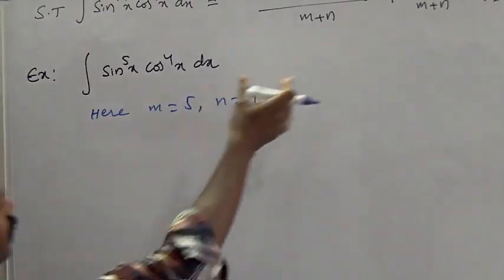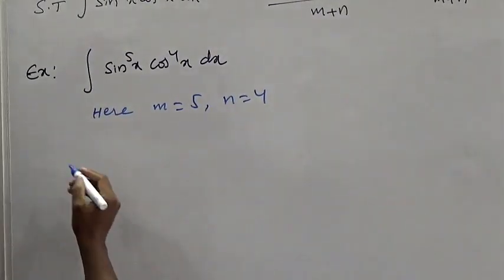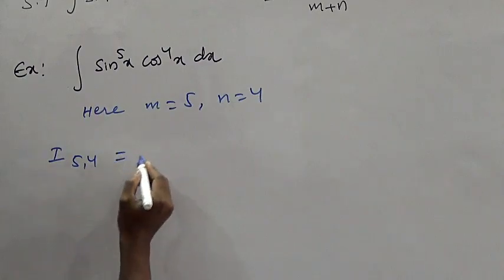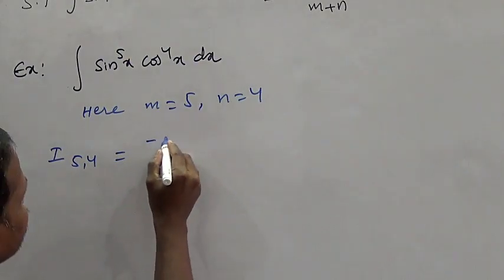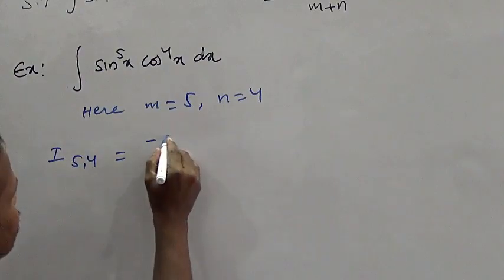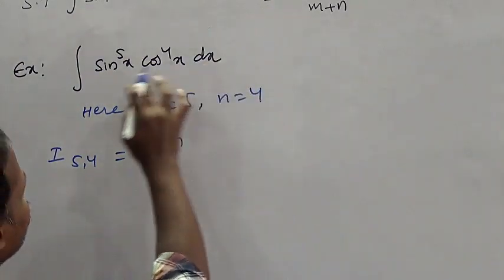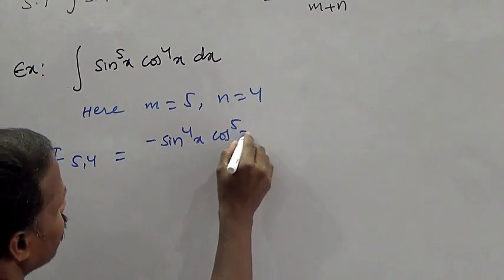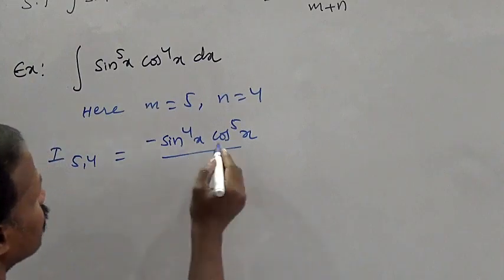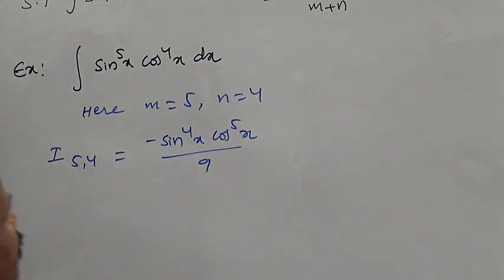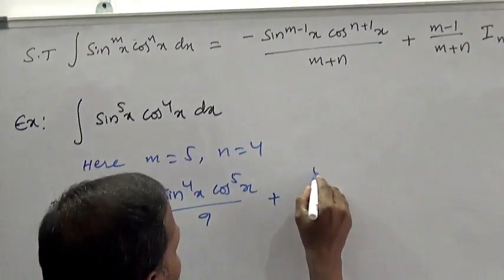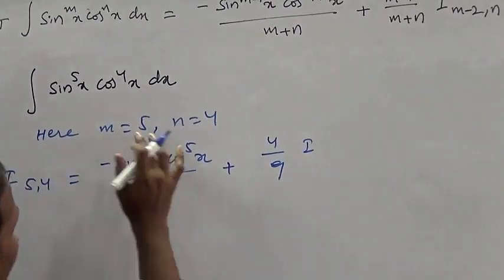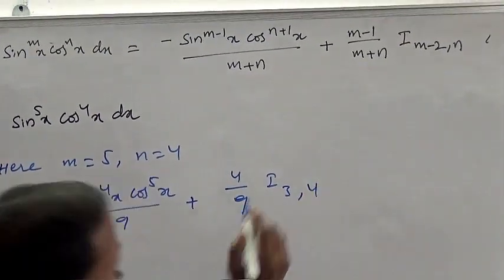So by using this formula, we have to calculate I(5, 4) equal to minus sin power m minus 1, 5 minus 1, 4x cos power 4 plus 1, 5x by m plus n, 5 plus 4, 9, plus m minus 1, 4, by m plus n, 9, I(m minus 2, 5 minus 2, 3, n is 4).